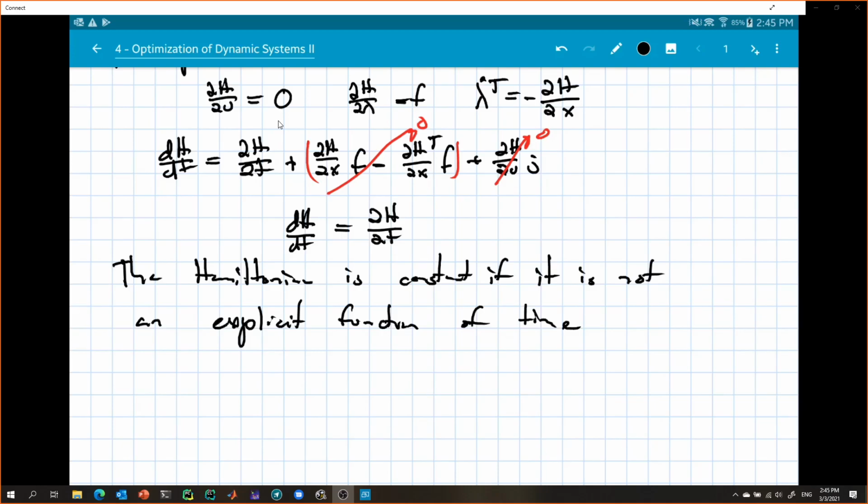And that's pretty common, because unless you have time explicitly in the dynamics, which often isn't the case, or you have time explicitly in the path cost, which is often not the case, then you have a constant Hamiltonian, and then you can track its staying constant as a condition.